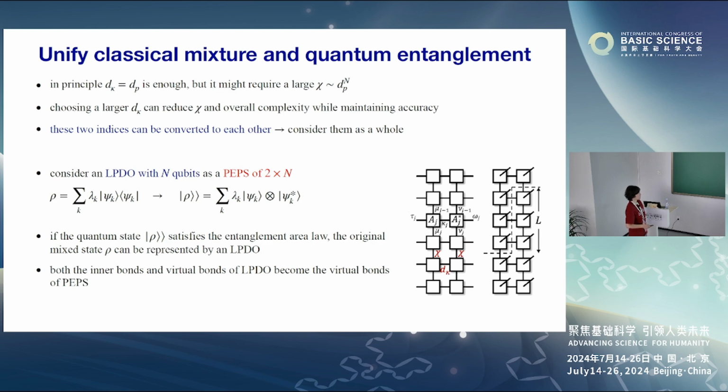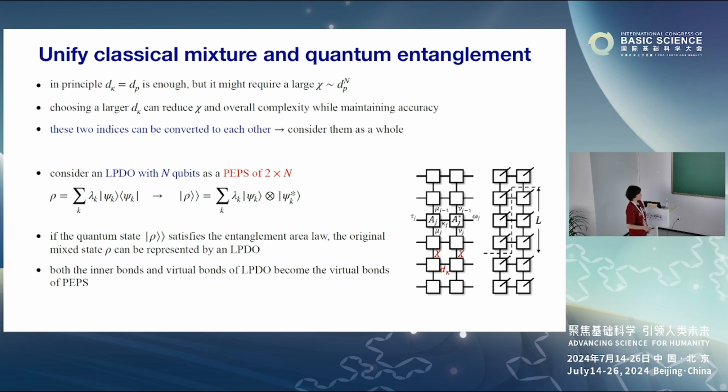So this bond dimension and this bond dimension can be converted to each other, because what we are concentrating on is the total density matrix, and the inner structure will finally be traced out. So actually they will have the same effect. Consider them as a whole.